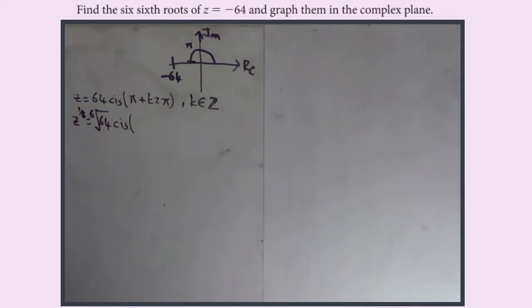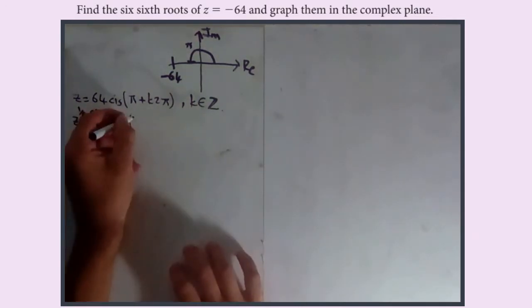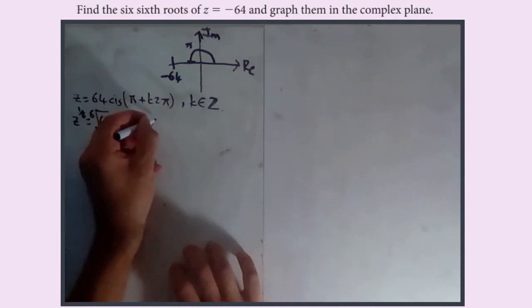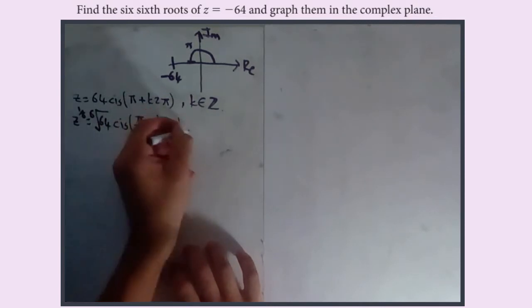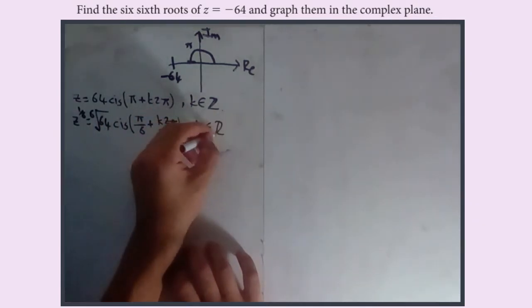So the power is 1/6, so we now need to do cis pi over 6. We're multiplying by a 6th, so we're dividing by 6. So pi over 6 plus k2 pi by 6, where k needs to be an integer.